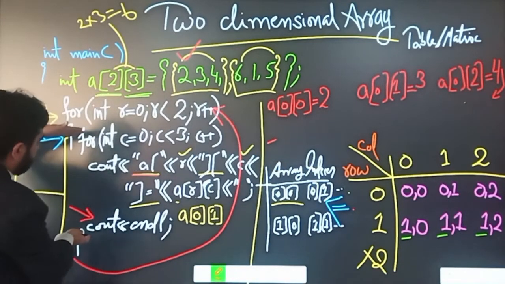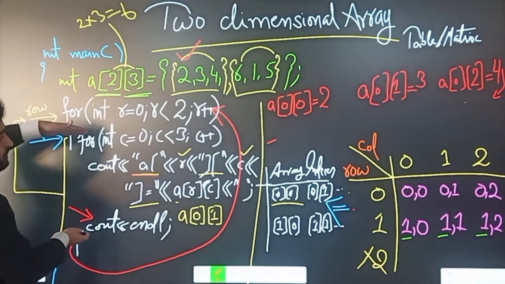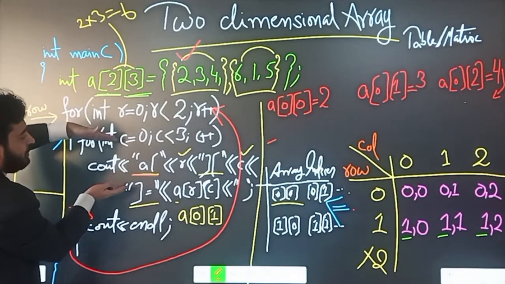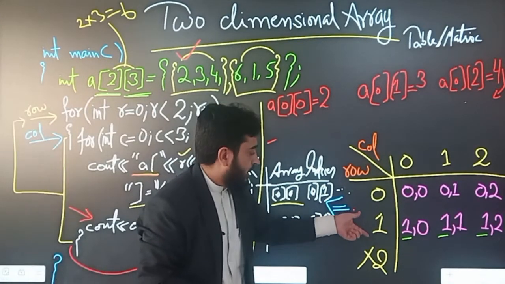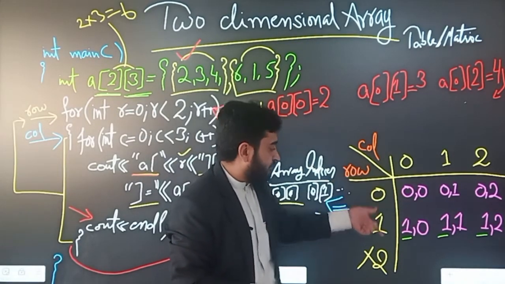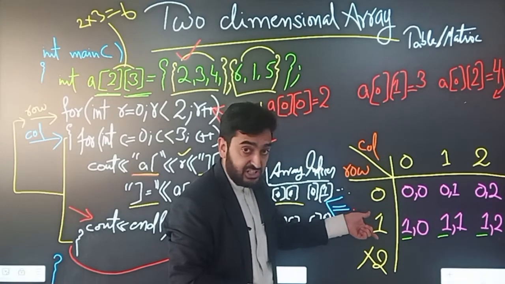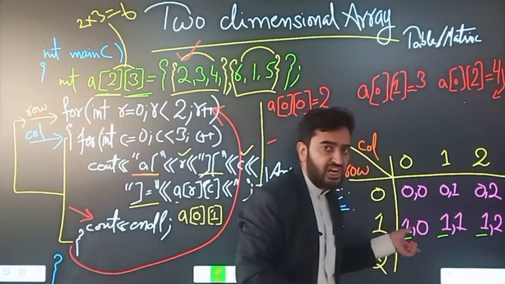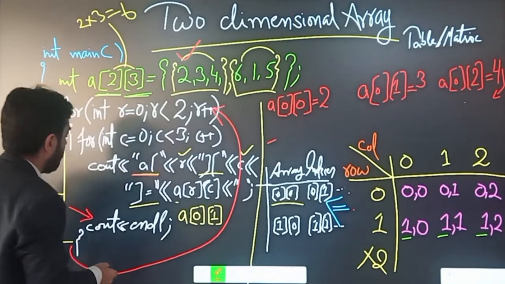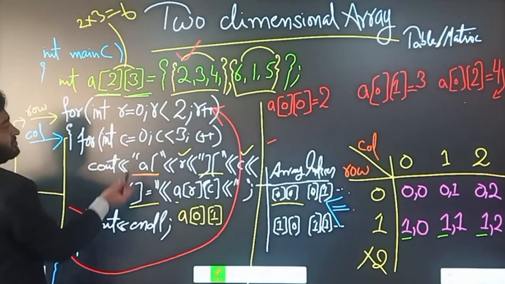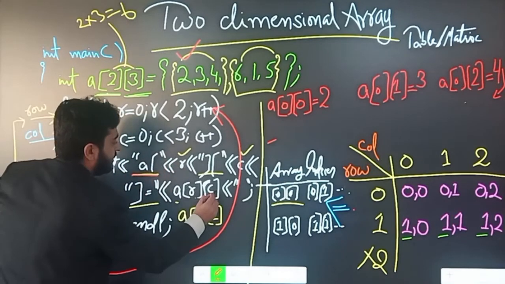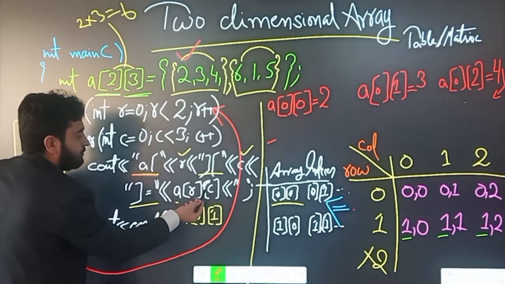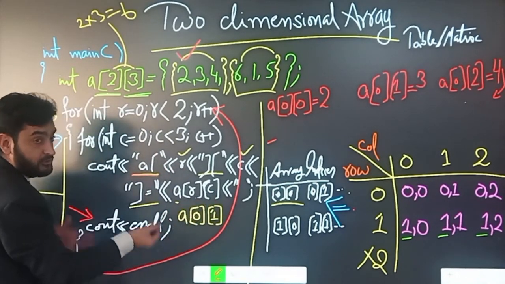So it means that this body will be executed now, and in this body the inner loop will execute for 3 times, okay, for 3 times. So just like in the first row, in the second row we also have 3 columns, okay? Initializing C with 0, so 0 is less than 3, yes. So in very similar way, R is equal to 1 while C is equal to 0, yes.